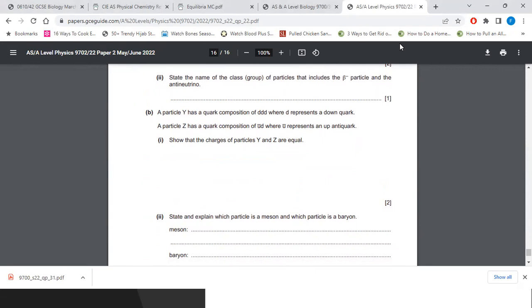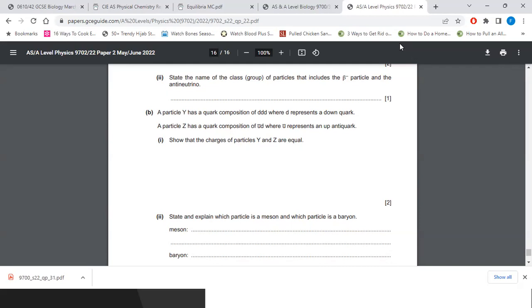No, it's lepton. Hadrons have neutrons. An antineutrino is not a neutron, it's a neutrino. Neutrino is not a neutron. Yes, neutrinos and antineutrinos are leptons. Antineutrino is produced in beta minus decay. Neutrinos are produced in beta plus decay.